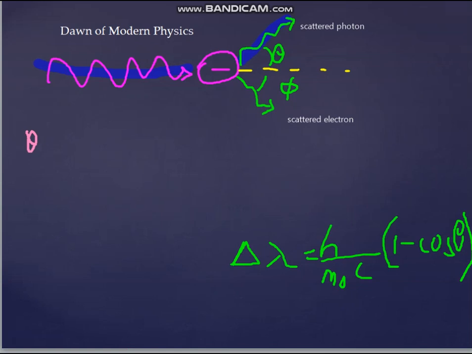So when theta is equal to 0, since cos 0 is 1, there will be no Compton shift. Delta lambda would also be equal to 0.